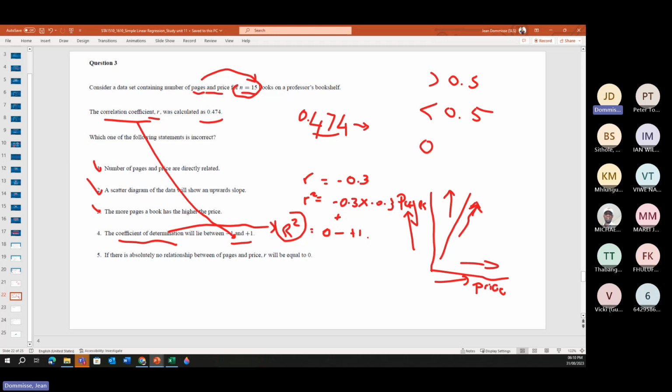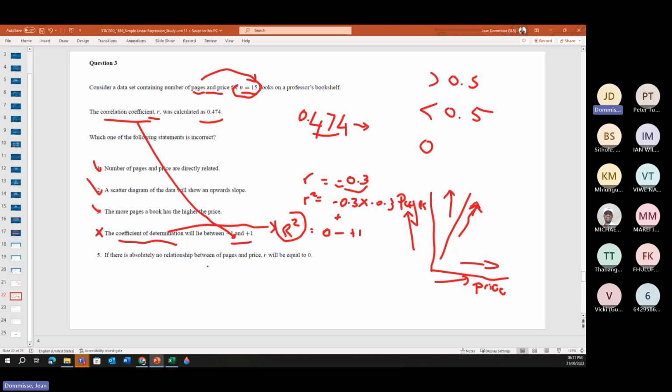That is just the catch in here, and I think that is where one easily makes the mistake: you think, but r can be negative, so why can't r squared be negative? The simple reason is that a minus times a minus makes a positive. So your r squared will always be between 0 and plus 1. So that one is the incorrect one.